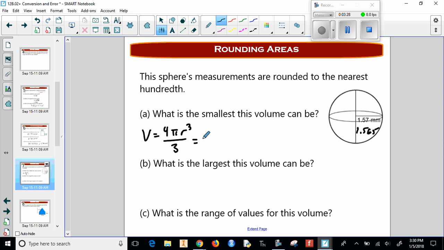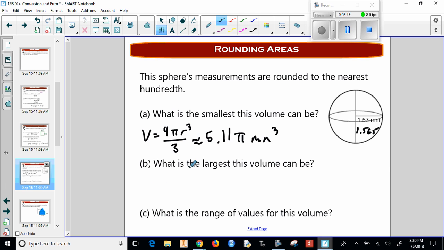I need to type that in again. I forgot my decimal, so this is a gigantic number. So this is about 5.11 pi millimeters cubed.